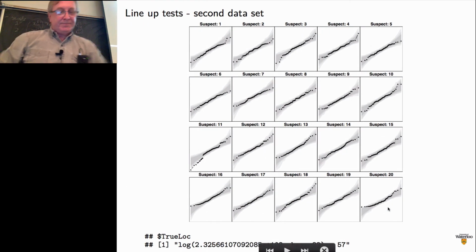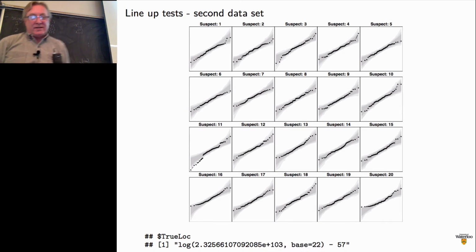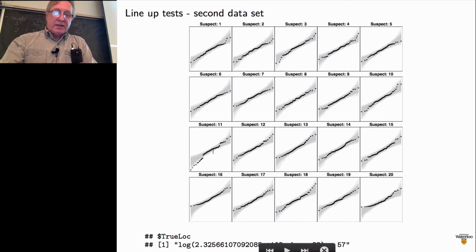It's this one. No evidence against the hypothesis. So the lineup test is actually keeping us honest. You were more excited about one that was actually coming from that distribution, which by bad luck was outside of the envelope, than you were for that one.